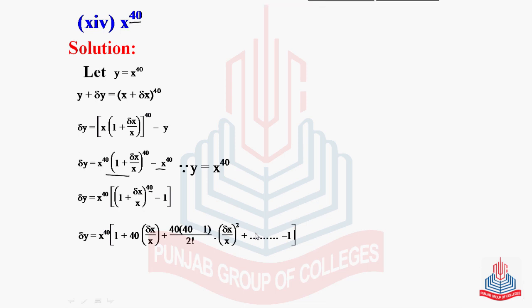That must contain an n-th term. So by using this rule, we have 1 plus nx plus n into n minus 1 over 2 factorial x square, up to so on, and at the end we have this last term, which is delta x over x raised to the power 40.